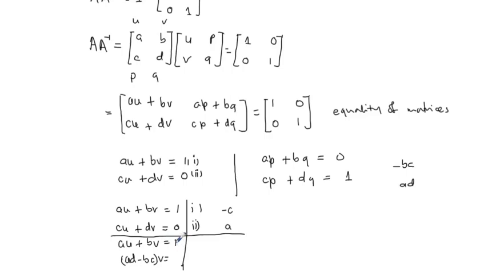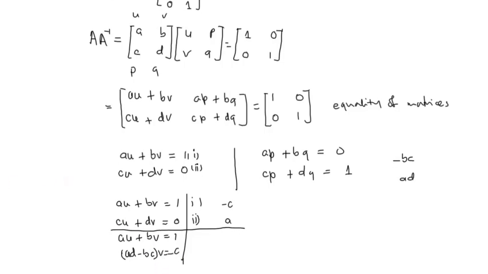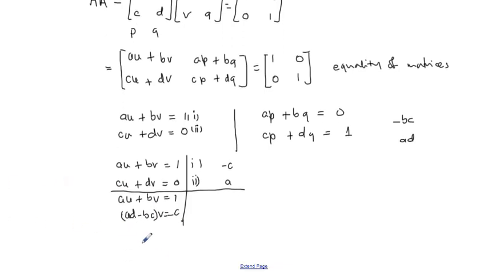And then when you do that, you can see that in this last equation, this is your equation 1 and this is your equation 2. How did you get this equation 2? You got it by multiplying minus c times equation 1 plus a times equation 2.